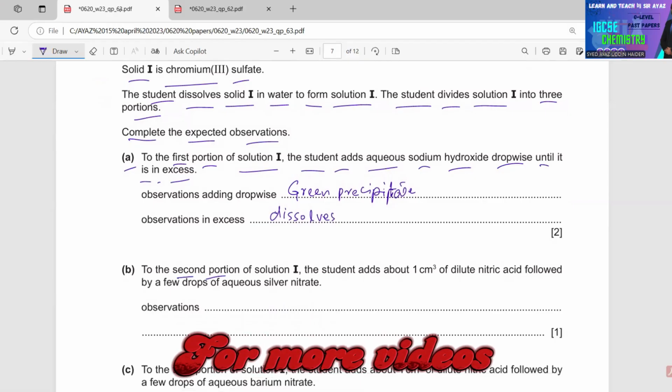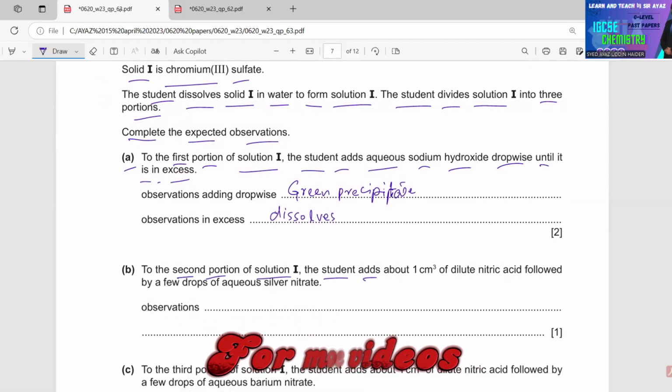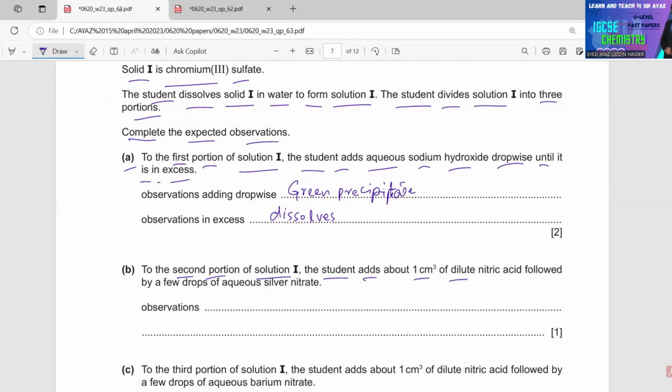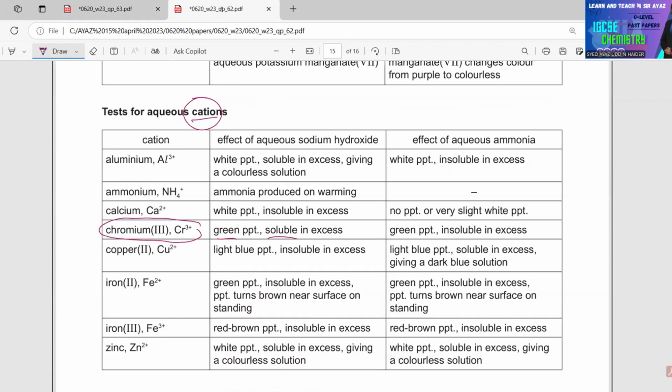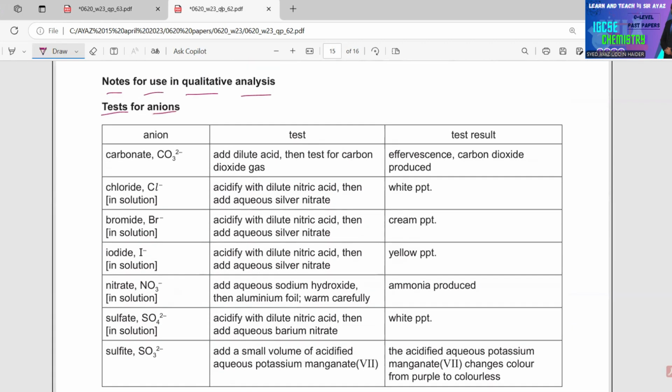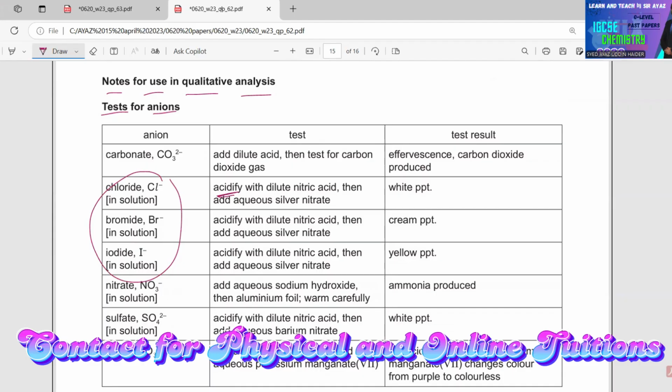Part B. To the second portion of solution I, the student adds about 1 centimeter cube of dilute nitric acid, followed by a few drops of aqueous silver nitrate. Observations. Now, the solid is chromium 3 sulfate, and this is a test for the anions. If you look at the test for the anions, you have 3 ions here. These are tested by first acidifying the solution with dilute nitric acid, then adding aqueous silver nitrate.